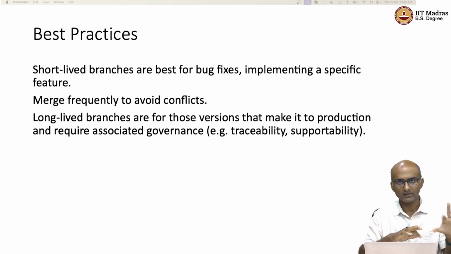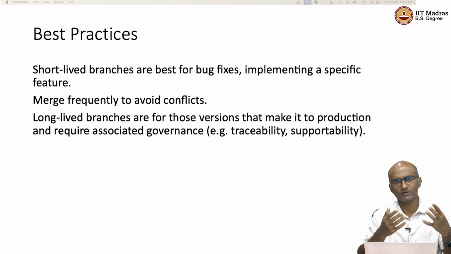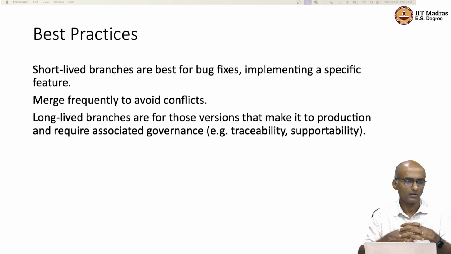Long-lived branches, on the other hand, also make sense for specific scenarios. These are when you've got versions of the code running in production, but they are no longer the latest versions of the code, right? Like for instance, let's say you've created a machine learning model for predicting a particular outcome. Let's say, for instance, whether a person would buy a ticket or not, or buy a particular item or not.